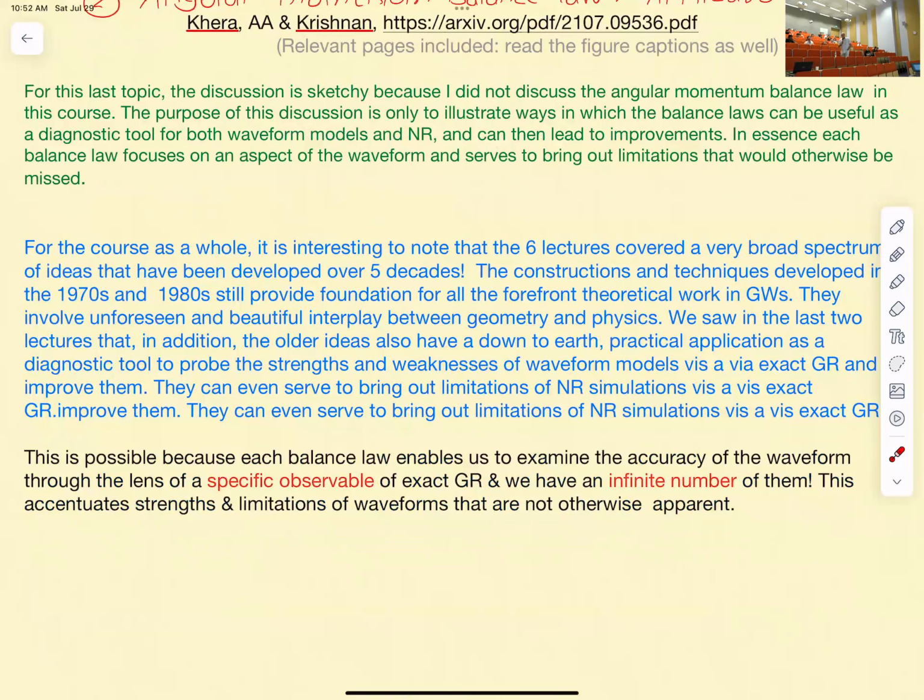Okay. So there are infinitely many supertranslations, but for the angular momentum, there are only a few generators. So we don't have that many balance laws. Is that right? Right. It depends on what you mean by angular momentum. You're right.